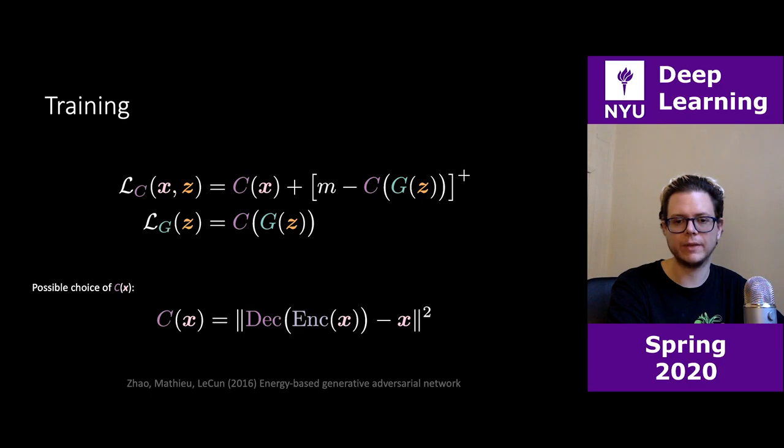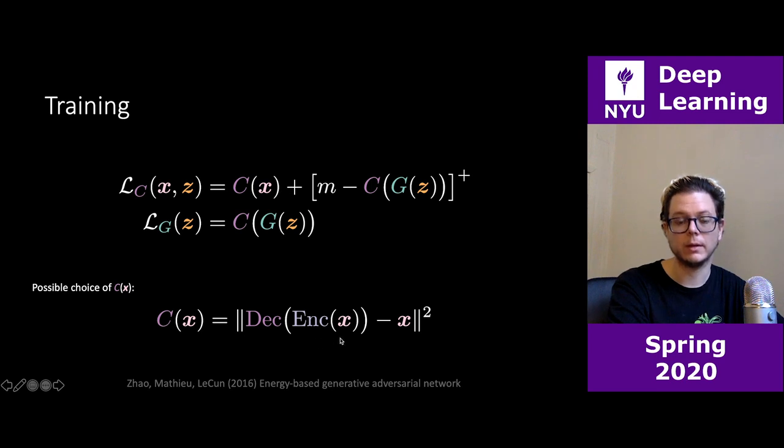Instead, what happens now if I put an input here that is far from anything that is on the data manifold? Well, my autoencoder has been trained to output things that stay on the data manifold, and therefore there will be a substantial difference between my actual input and what my autoencoder can give you, right?